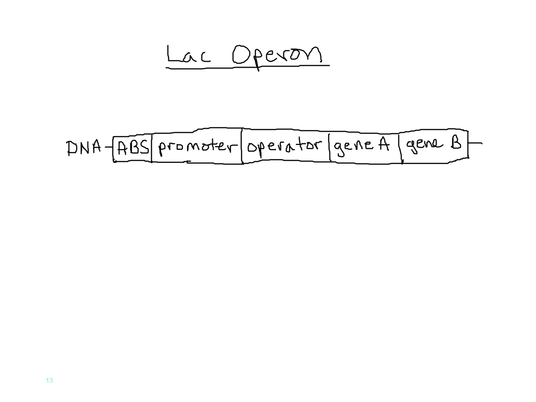So normally this would be turned off. The repressor protein would be bound to the operator unless lactose is present. So if lactose is present, it will bind to that repressor protein, and it'll change the shape of the repressor protein.